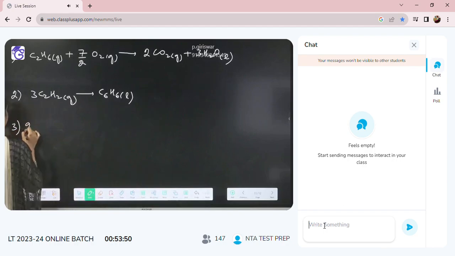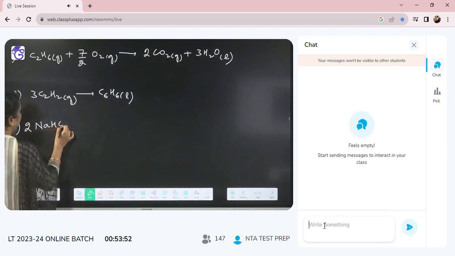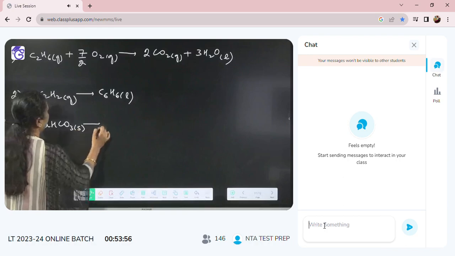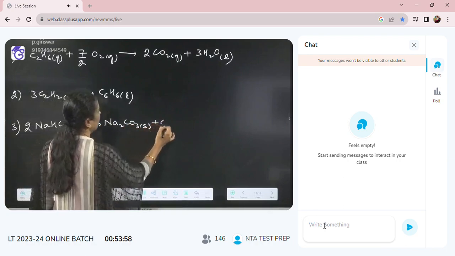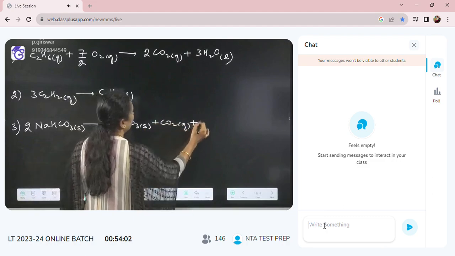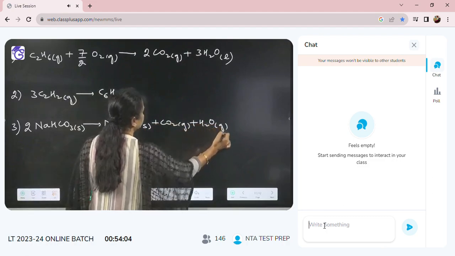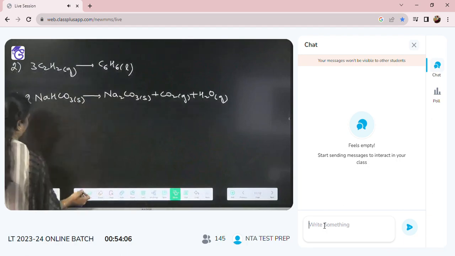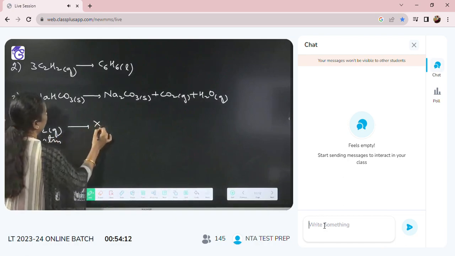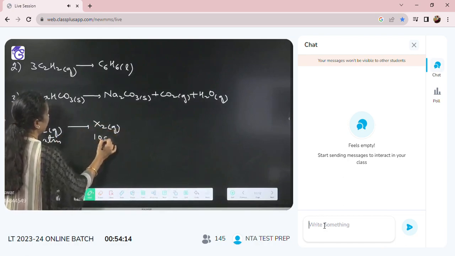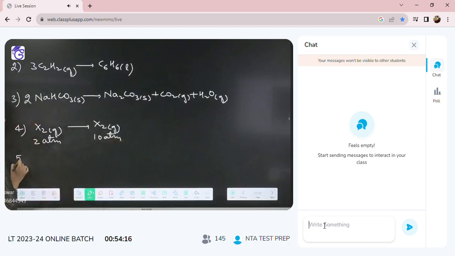Third one, twice NaHCO3 solid, giving you Na2CO3 solid plus CO2 gas plus H2O gas. Then X2 gas, it was present at 2 atmosphere. Now I am making it 10 atmosphere. Then I am writing a phenomenon, mixing of gases.